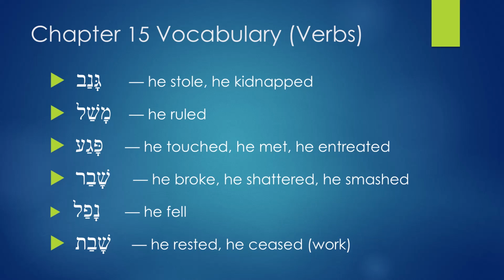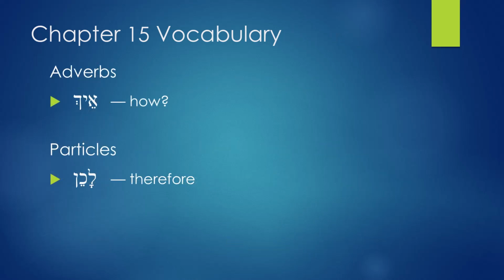And then we have the verb nafal. Nafal means he fell. And then we have the verb shavat. Shavat means he rested. He stopped, he ceased from work, or he rested. Finally, we have an adverb and a particle.